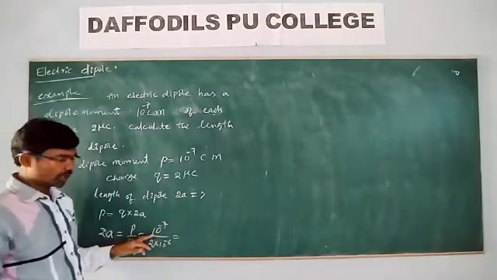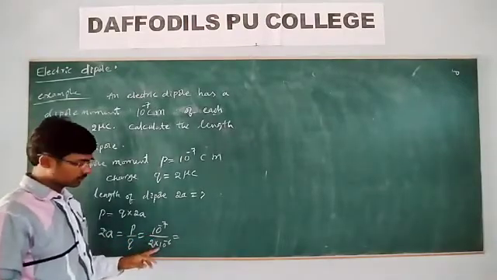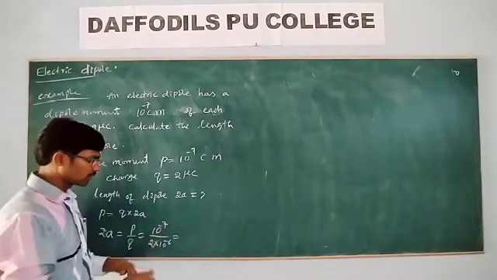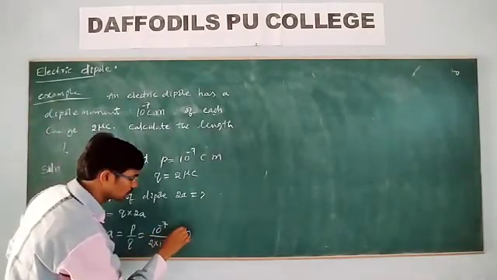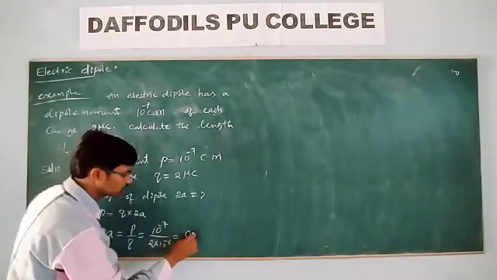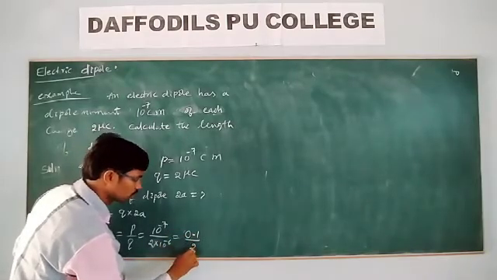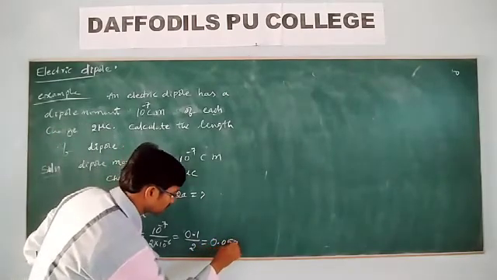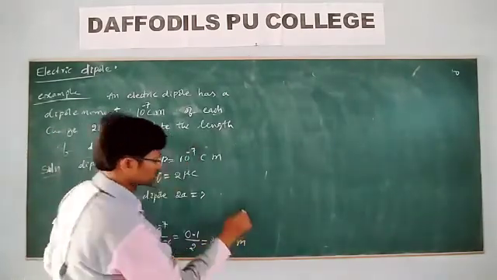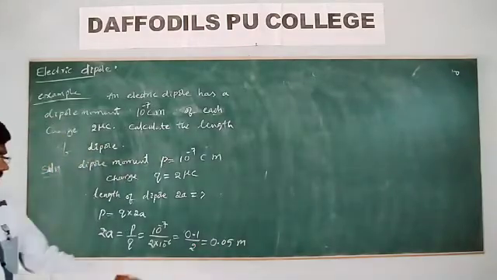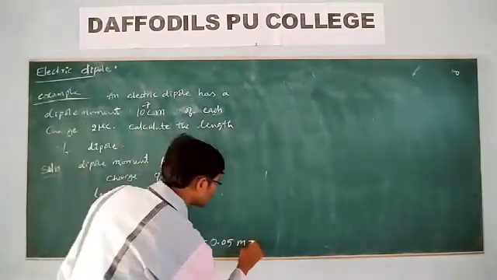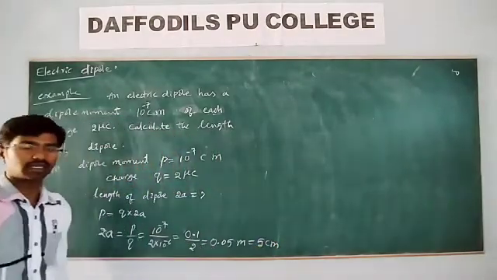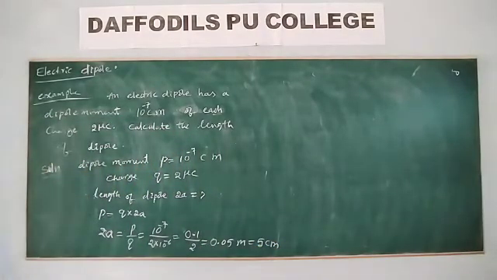So this is 10 power minus 1 by 2, that is 0.1 by 2, which is equal to 0.05 meter, or you can write it as 5 centimeter. 5 centimeter is the length of the electric dipole.